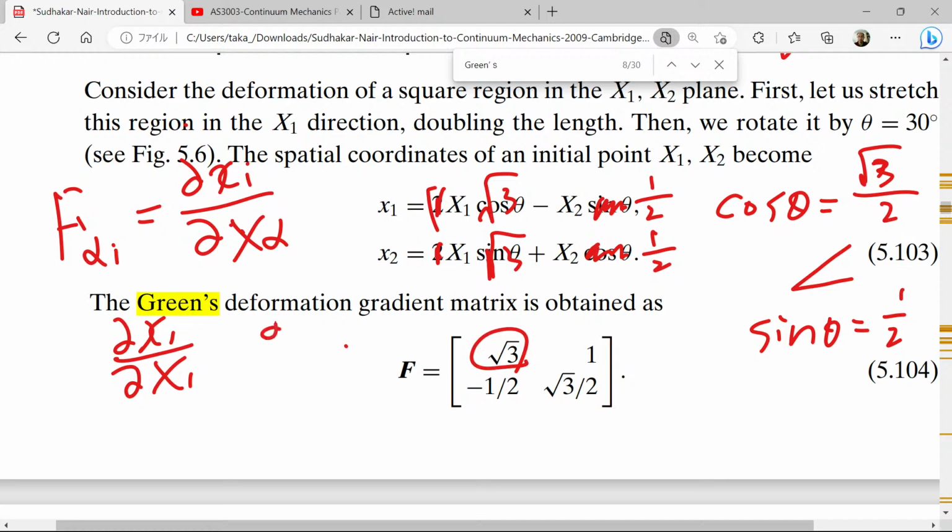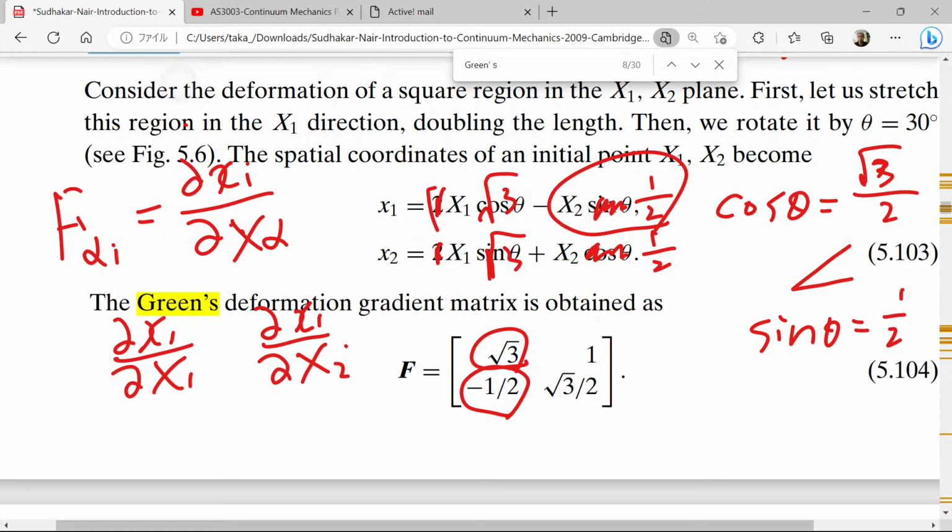And partial small x1, partial large X2, is this. So which goes here. It's kind of stretch. Yeah.